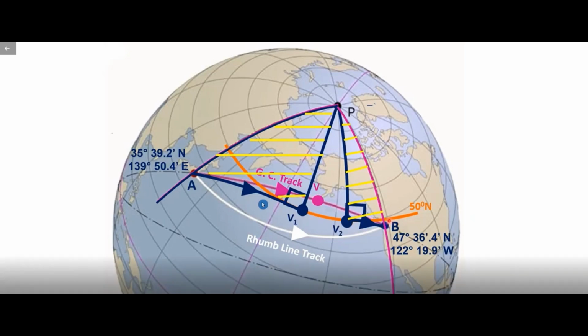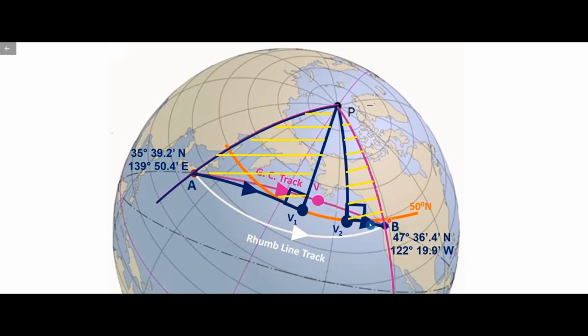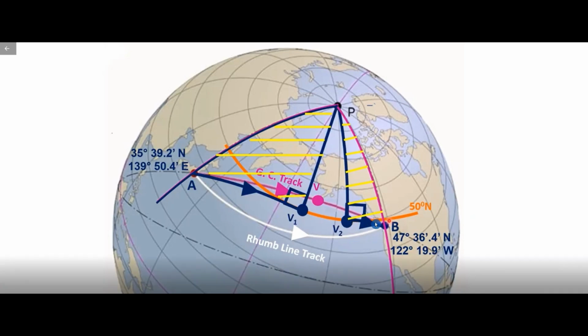And secondly, the distance traveled now is shorter than following the pink color track and the limiting lat. I'll explain to you how the distance is shorter in another diagram. Later on, I'll show you this diagram. So this is our composite sailing track.